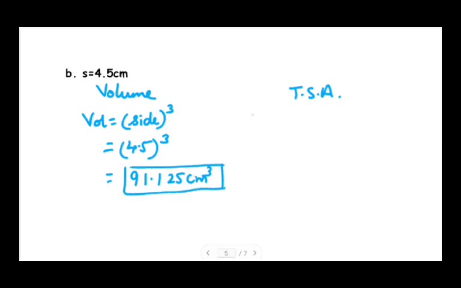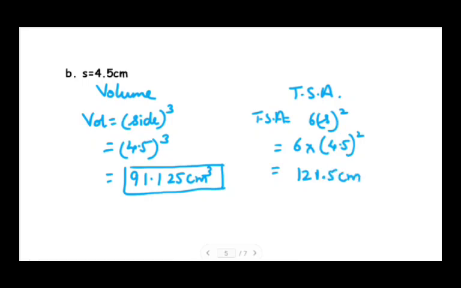And TSA formula 6s square, 6 into 4.5 the whole square. This gives me 121.5 centimeters square. That's your TSA.